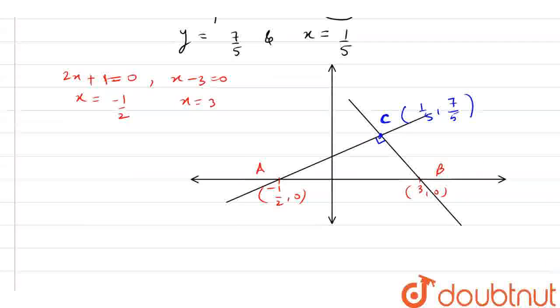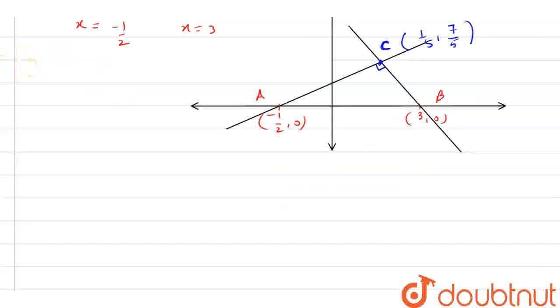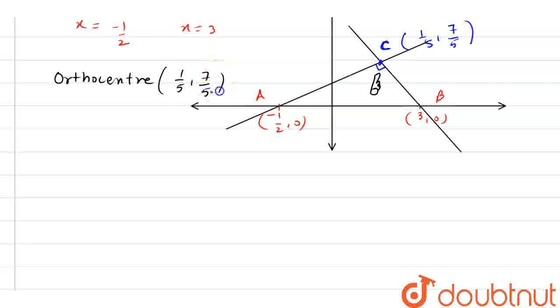So we can say what should be the coordinates of the orthocenter. By definition, if this is a right angle triangle, the orthocenter for a right angle triangle is that point where the perpendicular lies. So point C is the orthocenter. So the coordinate of the orthocenter is 1 by 5 comma 7 by 5, right?